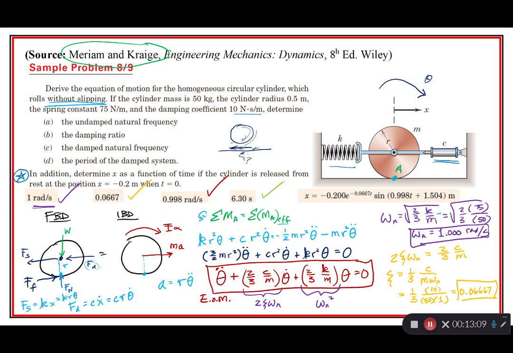This next part right here, in addition, determine x as a function of time, and the cylinder is released from rest with these initial conditions. It becomes a little bit of a pain because, for one thing, we did things in theta. So our solution to this would include those terms. And they also, in that book, were in a standard form, usually using the same procedure, and we didn't use that procedure.